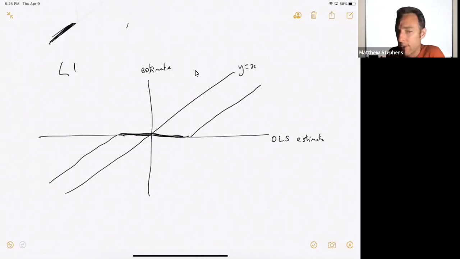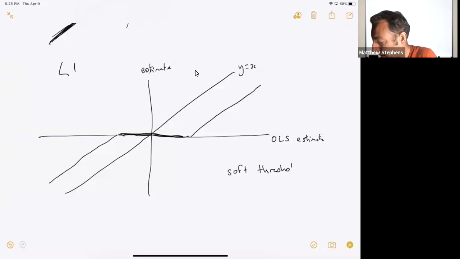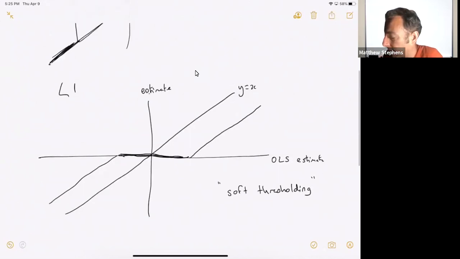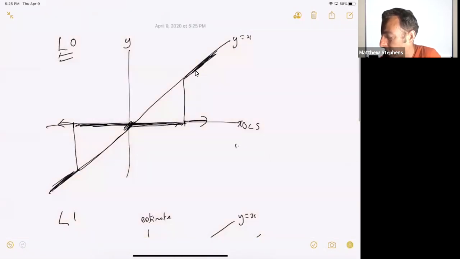And this is sometimes called soft thresholding. This idea of subtracting lambda from the absolute value, and if that gives you something smaller than 0, set it to 0, if it doesn't, keep that subtracted value.